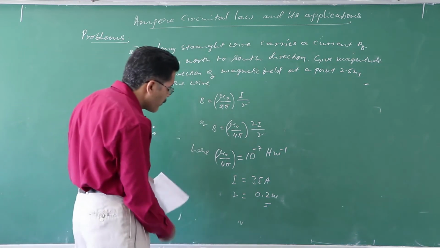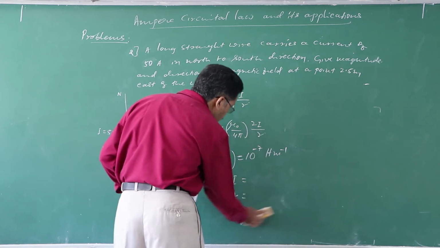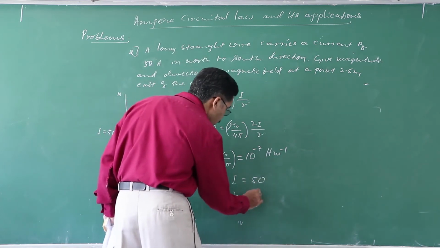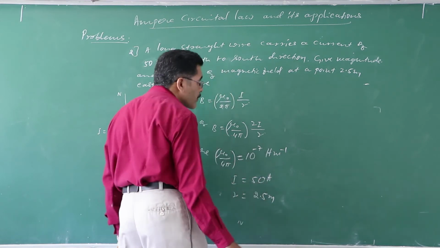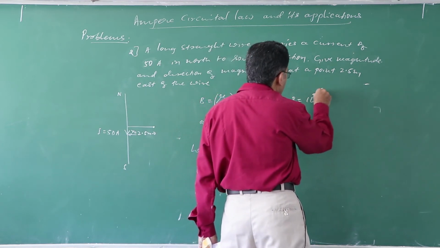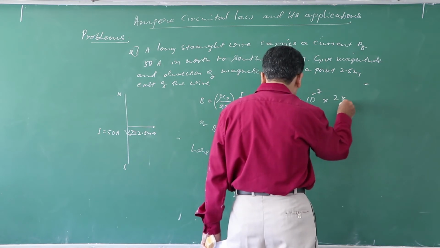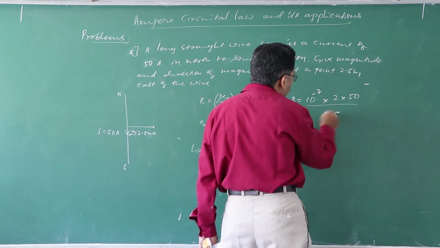Let us make the simplification. I here is 50 ampere and the distance is 2.5 meter. B is equal to 10 raised to minus 7 into 2 into 50 divided by 2.5.